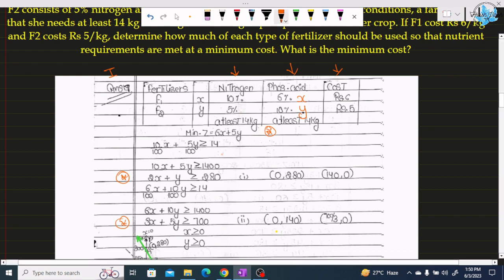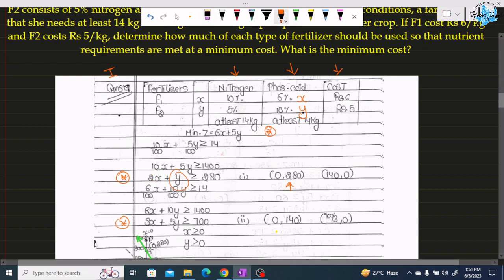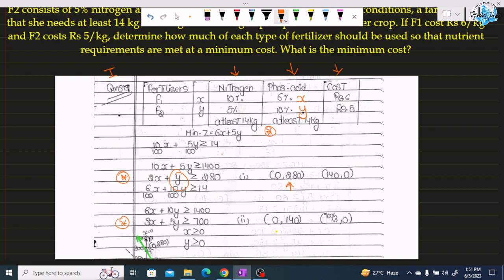Now the next step is to find the coordinates of the first and second equations to draw the graph. For the first, take x to be 0, and you will get y equals 280. When you consider y equals 0, you will get x equals 280 upon 2, that is 140.